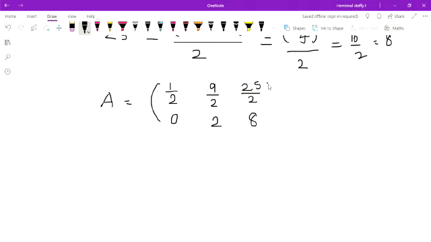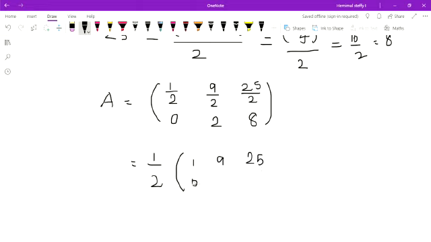Okay, is it clear? We want to do one more step, because 1 by 2 is common in everything except 2 and 8. So I am taking the 1 by 2 outside. It gives in this place 1, 9, 25, 0.